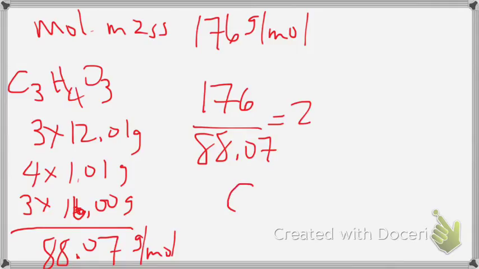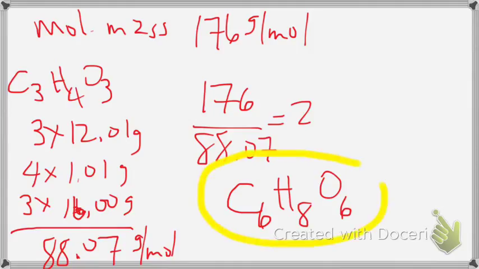So C would be 3 times 2, which is C6. The H's would be 4 times 2, which is H8. And the oxygens would be 3 times 2, which is O6. So this right here is the molecular formula for vitamin C, or ascorbic acid.